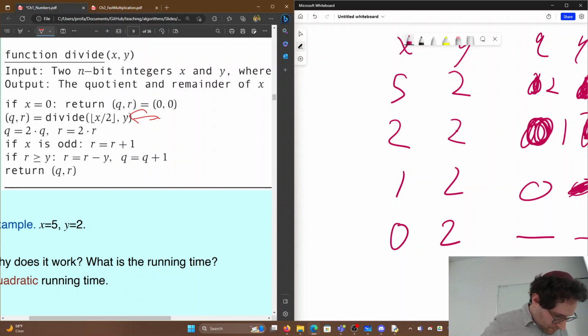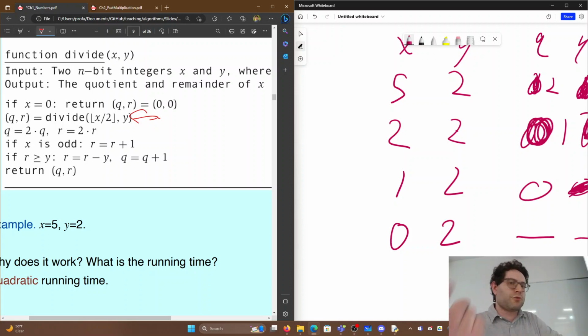Okay. So first off, you can prove this by induction. I'm not going to do so. That can be saved for homework or for a quiz kind of thing.